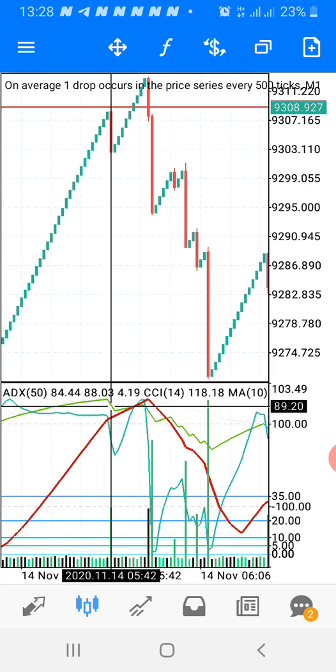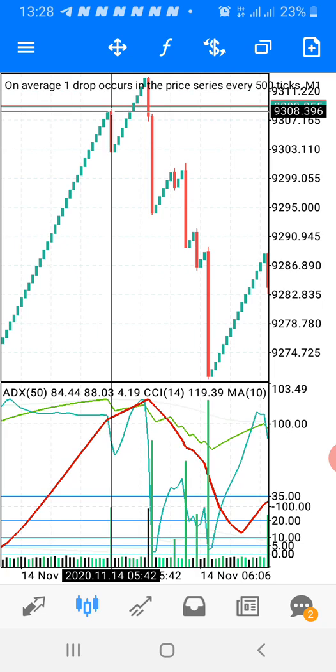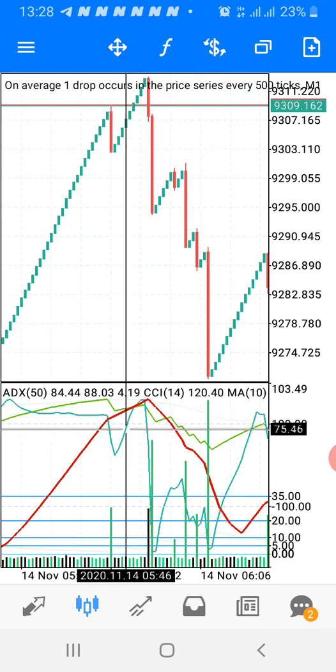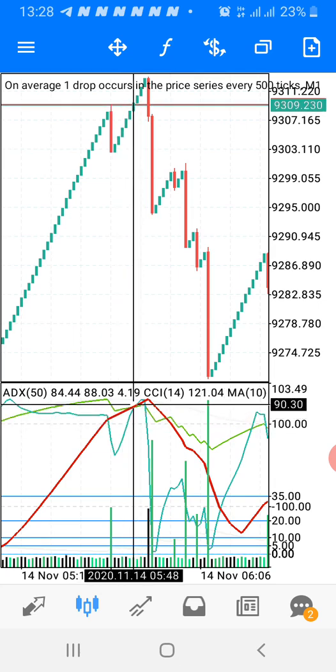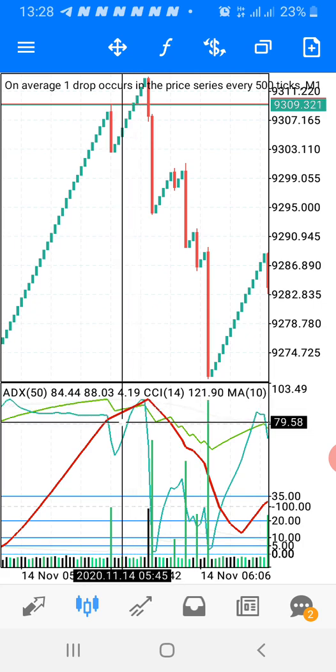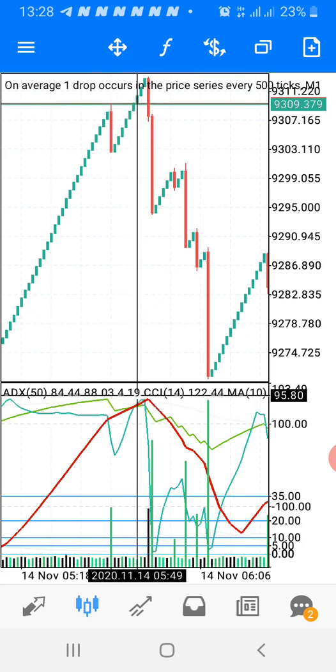tried to be a buy, but it became a sell. It tried to be a bullish candle here, but it came down. It returned back. At this point, you can see it was the green moving average that crossed above the red, so there was no sell.